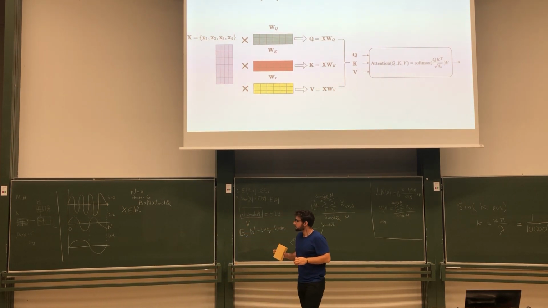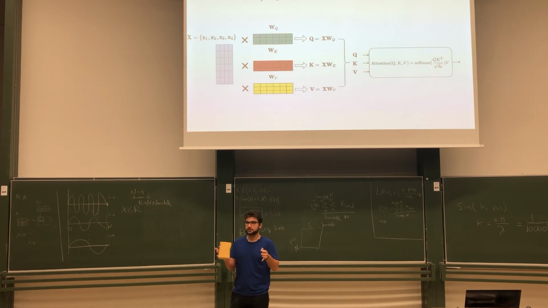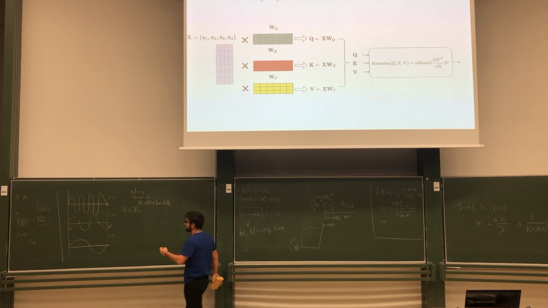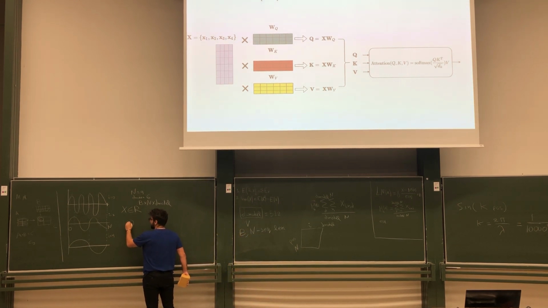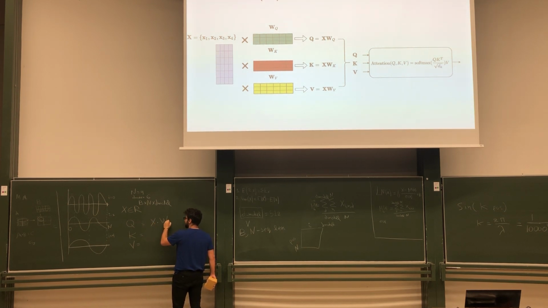So we start off by taking 3 distinct linear projections that will be trainable, but for the moment it's just 3 different linear projections defined as Q, K, and V. For that we just have a weight matrix, subscript.